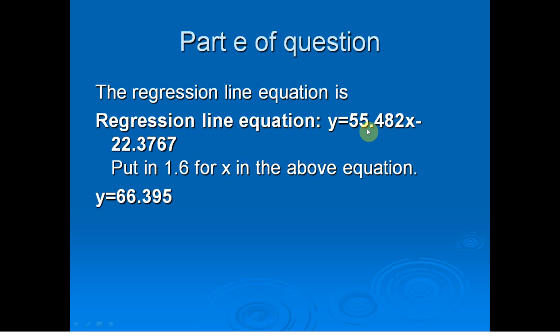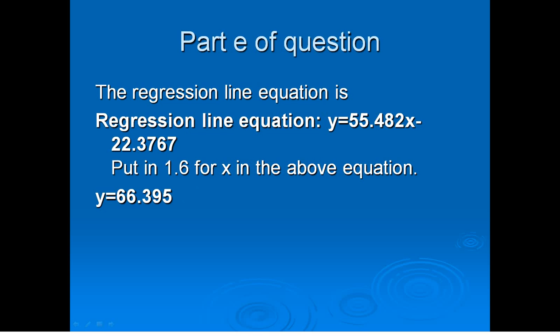Remember the best slope, 55.482x, plus b naught, and b naught is minus 22.3767. You're asked to estimate the weight when the height is 1.6 meters. So for x, I put in 1.6. So 55.482 by 1.6 minus 22.3767 is 66.395.